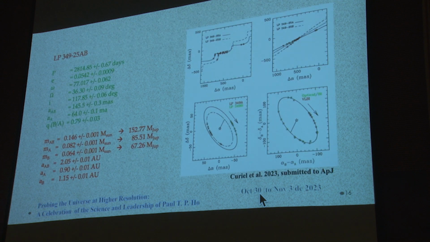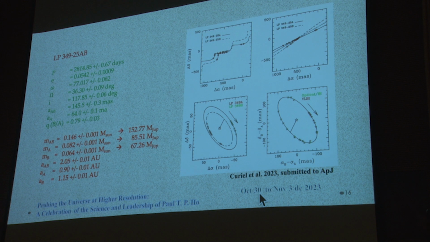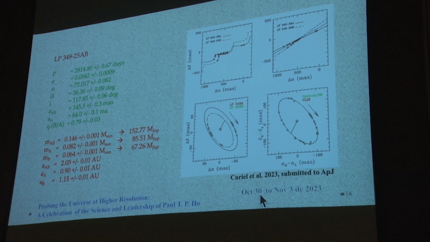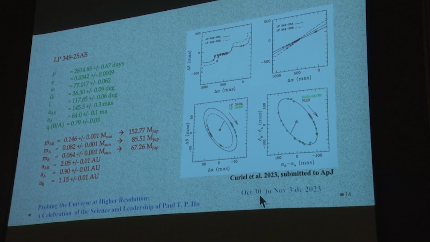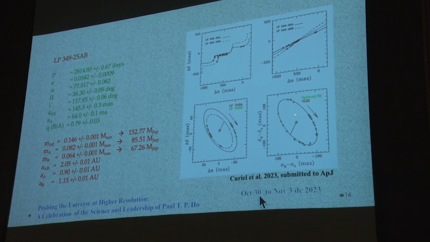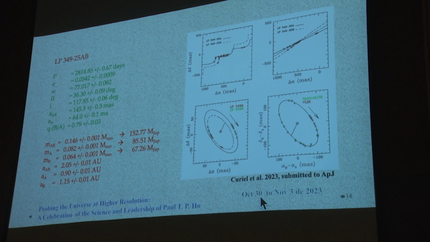In this case, we also obtain the orbit of each one of them. Even though it's a very close binary, I found some infrared observations, so relative astrometry of the two stars. I combined that, and we obtained the fit of the binary for each one of them.